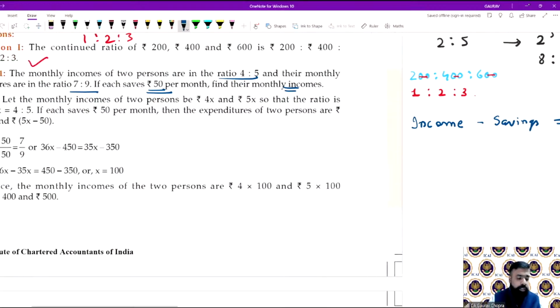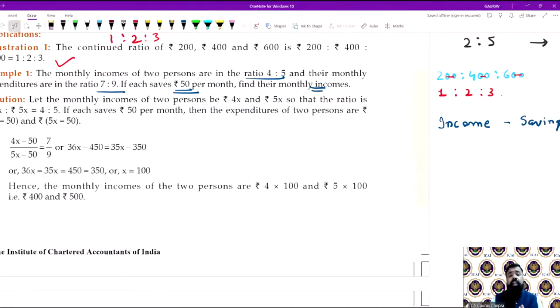Now the question says the income ratio is 4 is to 5. So let's say there are two persons, A and B, and the income is in the ratio of 4 is to 5. This income can be like 40 and 50, 400 or 500, 4,000 or 5,000, 40,000 or 50,000. It can be anything in the ratio of 4 is to 5.